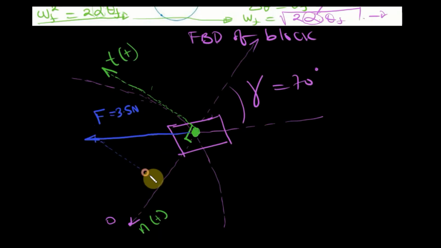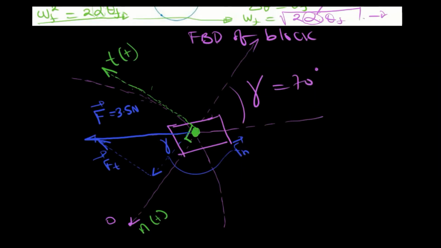You can get a tangential component and a component in the normal direction. We'll call the tangential component Ft and this one Fn. This is gamma.